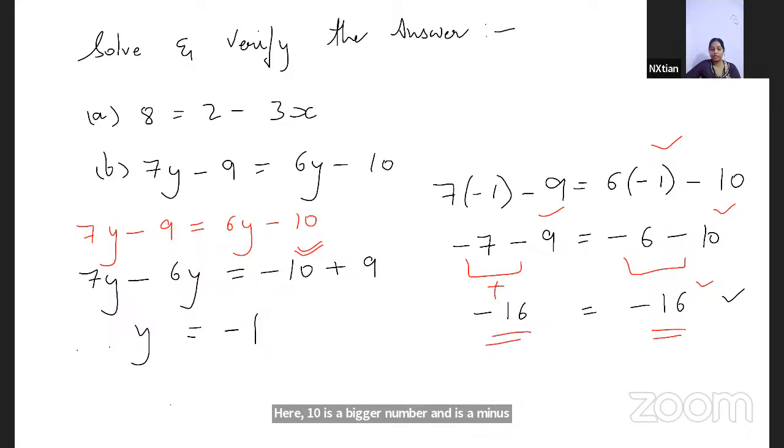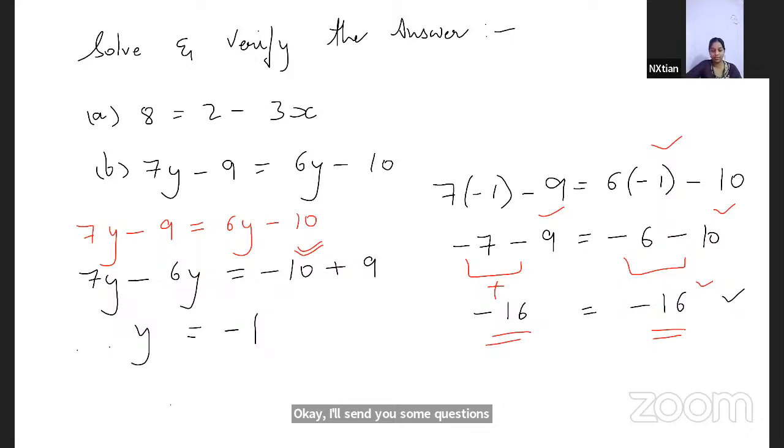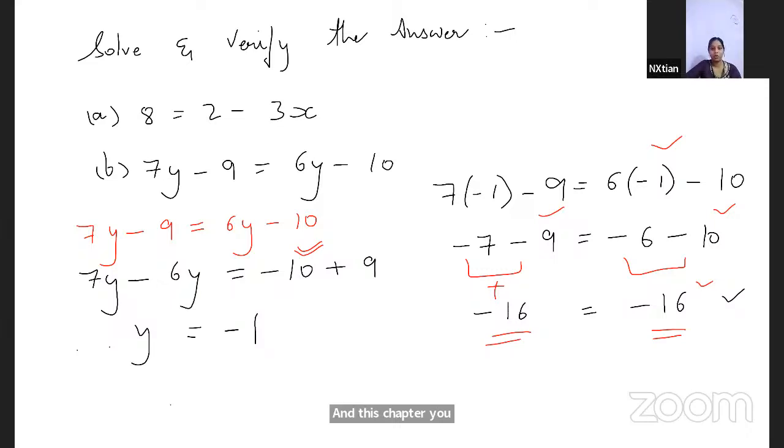Okay, so we'll stop here. I'll send you some questions to practice from this chapter. This chapter you finish in the holidays. Sixth chapter is for the holidays, all the exercises. So 6.3 is for you all to finish in the holidays.